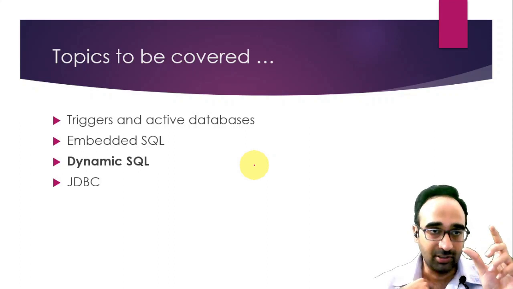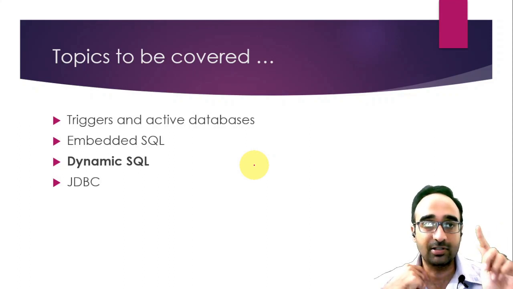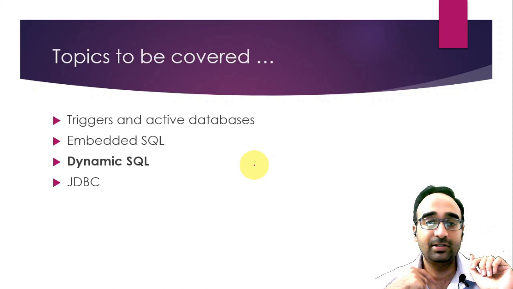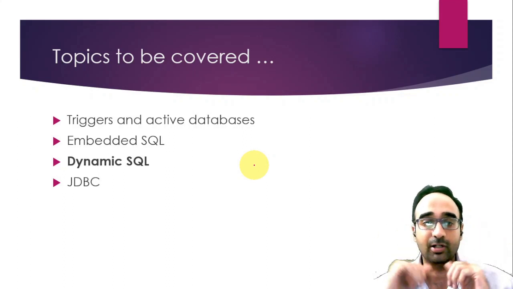You display a list of employees and the user selects a particular employee. So here the employee name is decided by the user, and you don't know the value beforehand. You can't anticipate what name the user will select, so a static SQL query will not work.